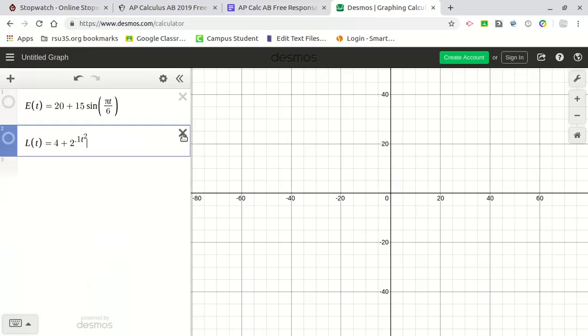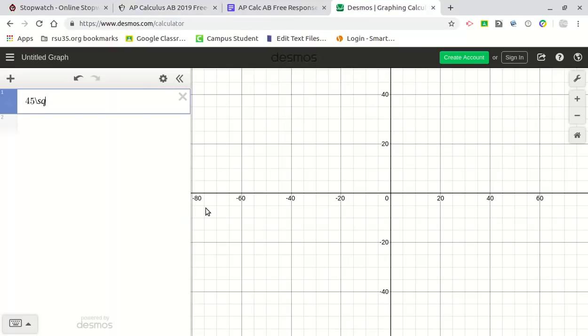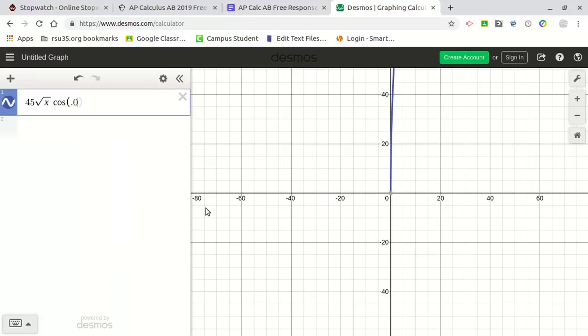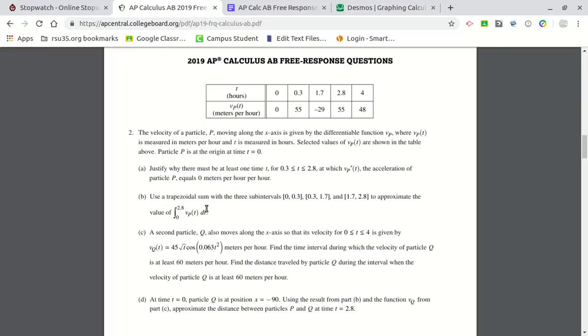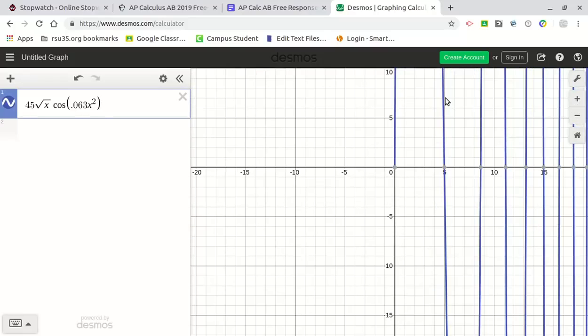So I should probably erase my things from problem 1. 45 square root x cosine 0.063 x squared. Oh boy. So we should probably zoom in here.